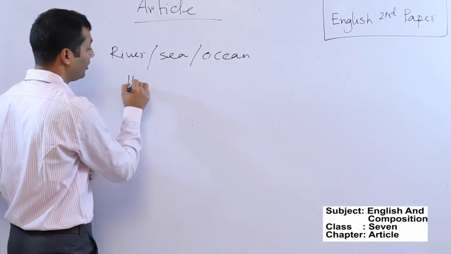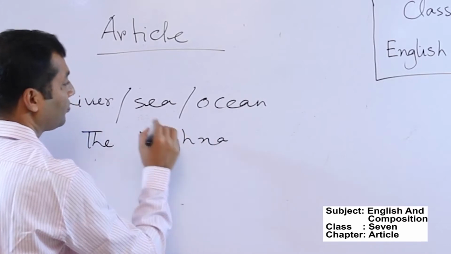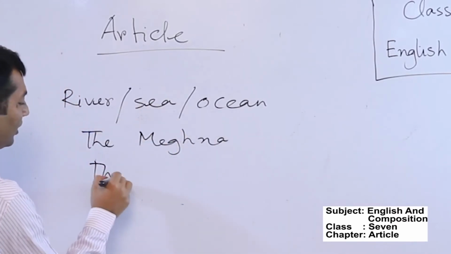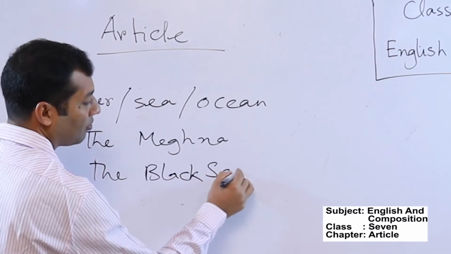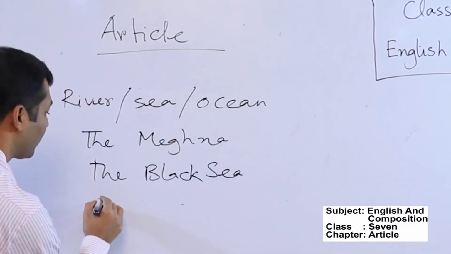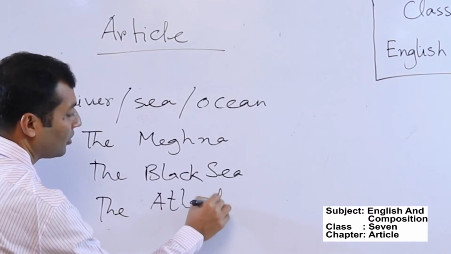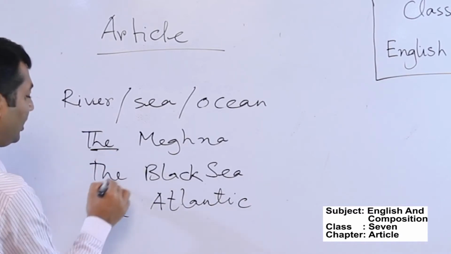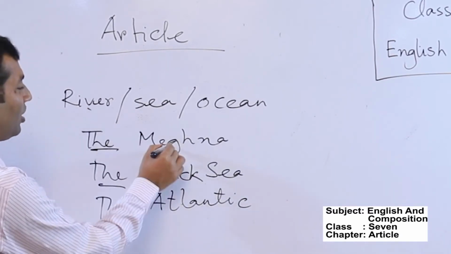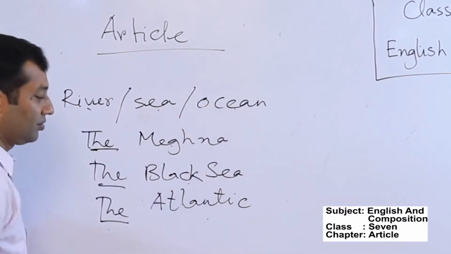For example, the Meghna, the Black Sea, and for an ocean, the Atlantic. So you need to use the article the before the names of rivers, seas and oceans.